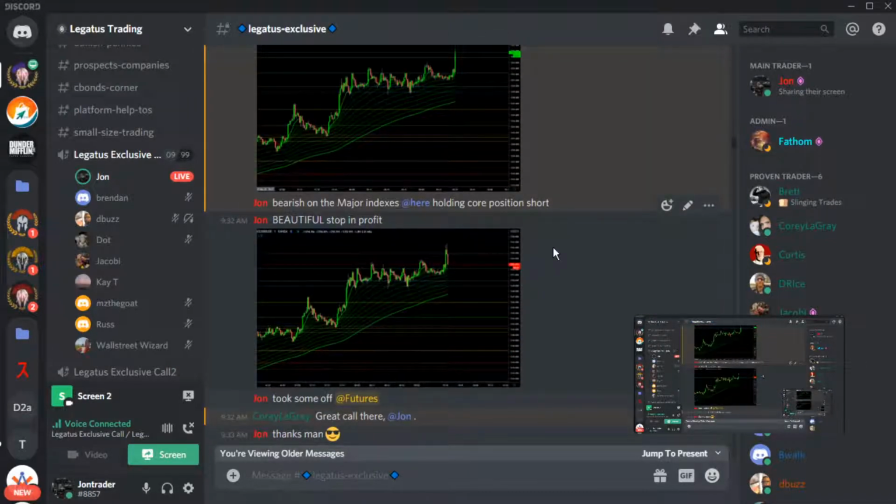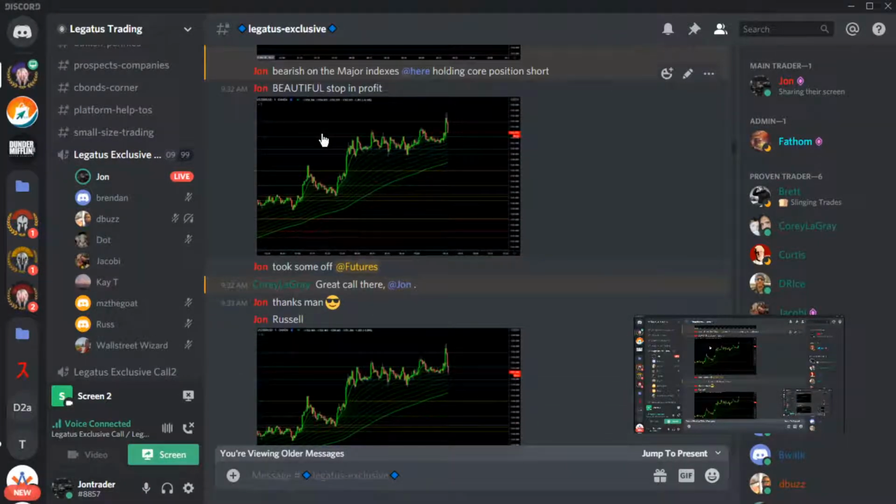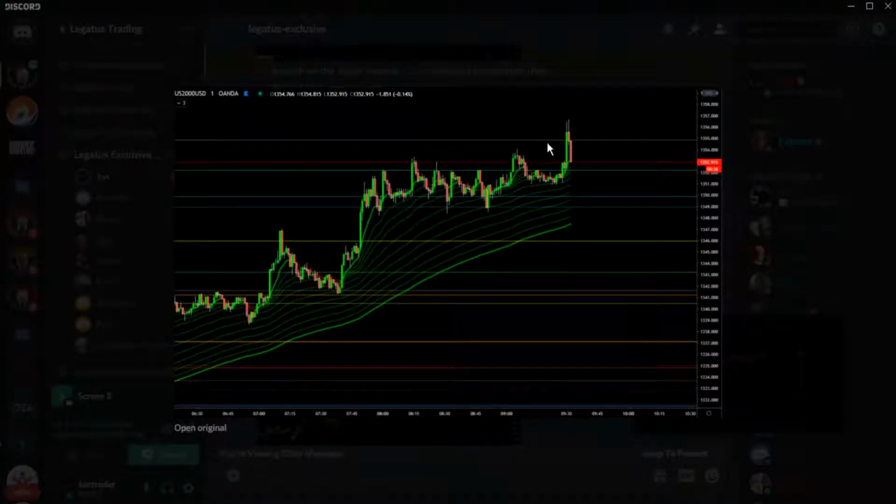I was laughing about it when I was saying that, but I was serious, actually. Basically, we put our stops in profit almost immediately, two minutes into the trade. We took our entry on all of the major indexes, for that matter. I shorted every single one of them, and they all started to come off, and immediately we put our stops in profit.